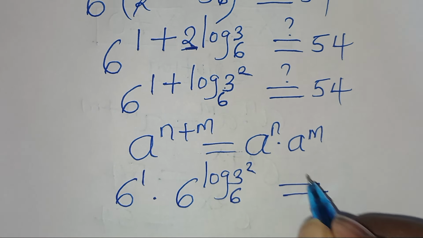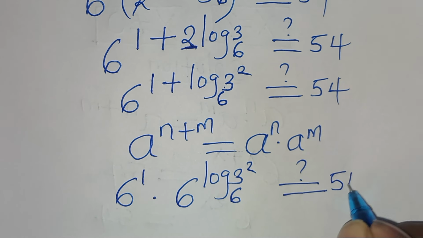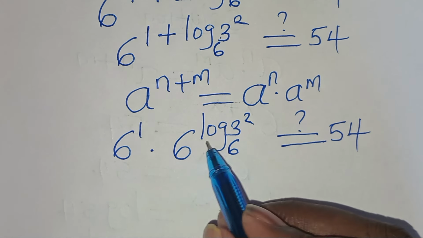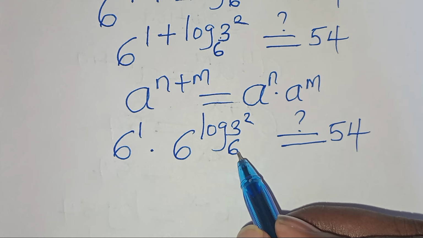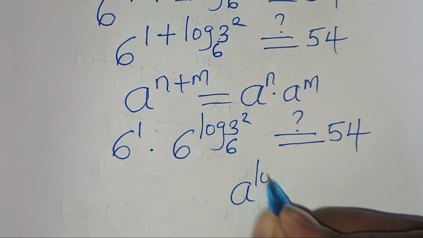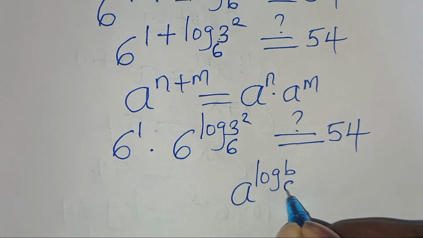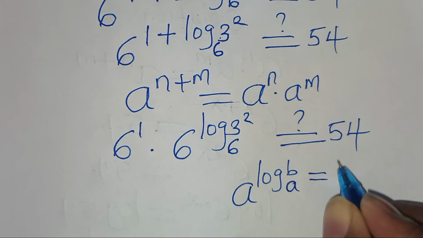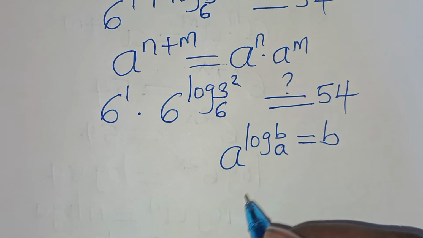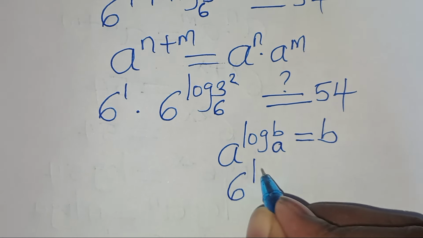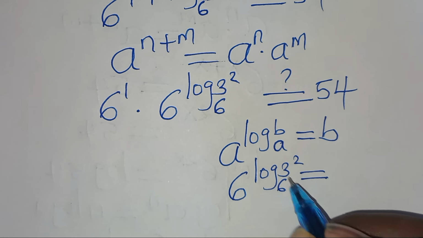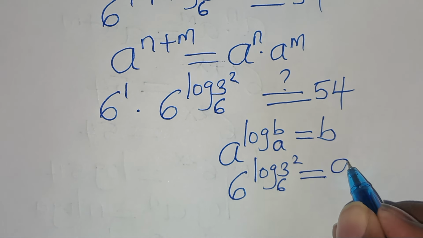This should give us a value of 54. Now, 6 to the power of log 3 to the power of 2 to base 6 is in the form of a to the power of log b to base a, and this essentially is equal to b. Let's apply this property, so that now 6 to the power of log 3 squared to base 6 is equal to 3 squared, which is equal to 9.